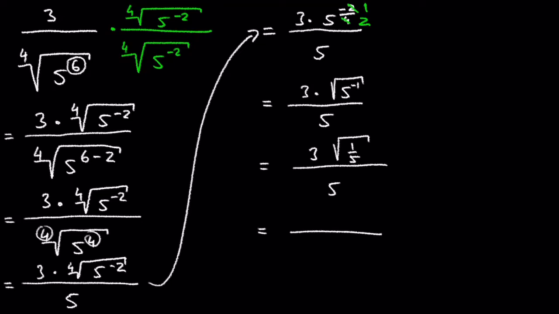By applying the division rule for roots, we can distribute the root to the 1 and to the 5, and we get the square root of 1 over the square root of 5. The square root of 1 is 1. And 3 times 1 is 3.